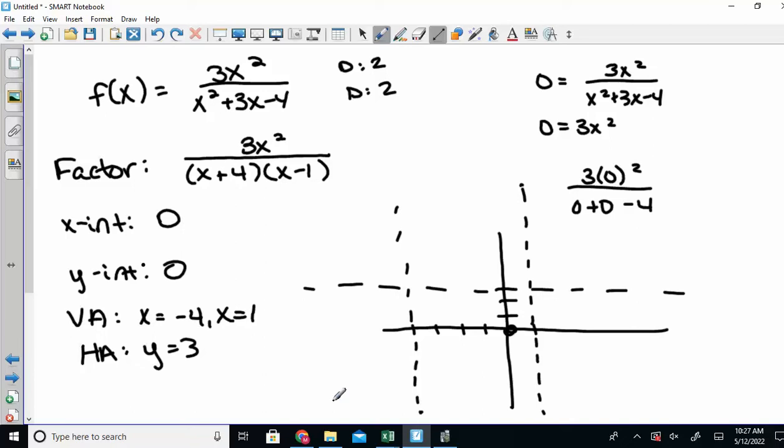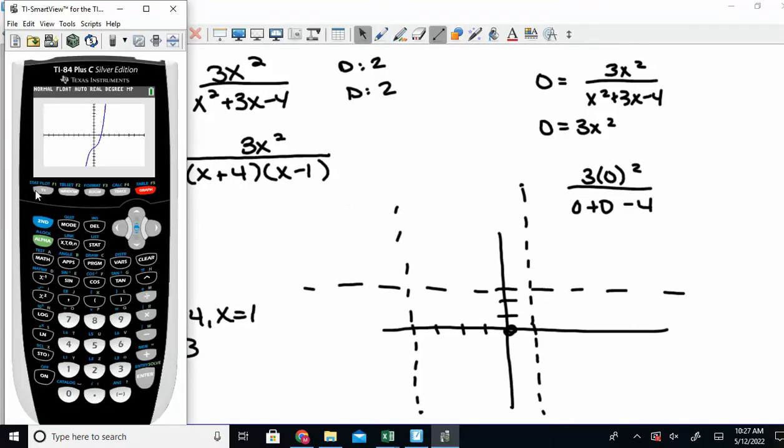Then we use our graphing calculator to fill in the gaps. I like to graph the original, putting parentheses around the top and bottom. The top was 3x squared, the bottom x squared plus 3x minus 4.